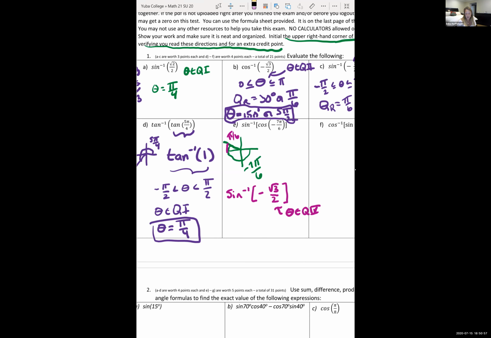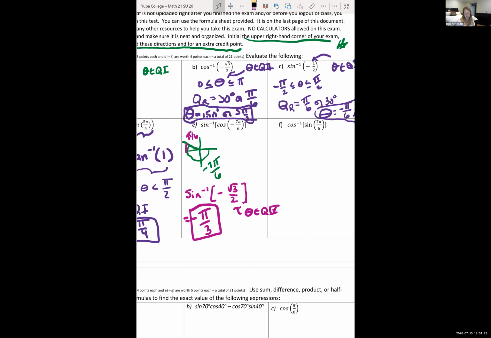This was in terms of radians, so my answer should be in radians. 60 degrees is pi over 3, but it's negative, and I need to be in quadrant 4. So our answer here is negative pi over 3. Again, that's worth 4 points. Give yourself partial credit if you didn't get it based off of your knowledge.